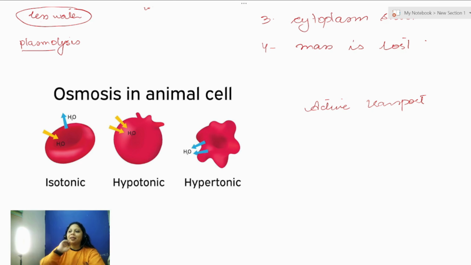Have you got the example? You want to go to the 20th floor of a building. You won't be able to climb, so you would use a lift. This lift is your carrier protein.